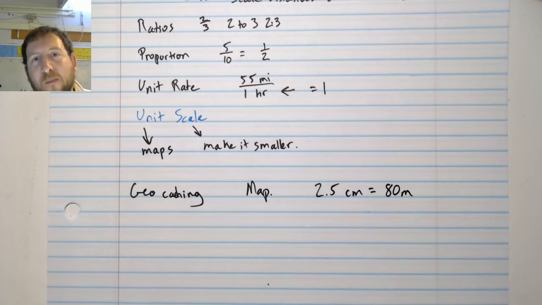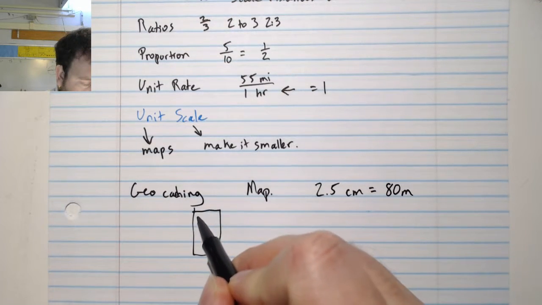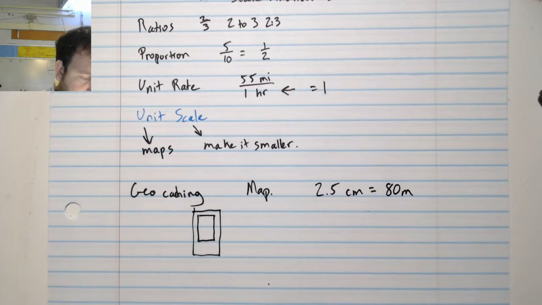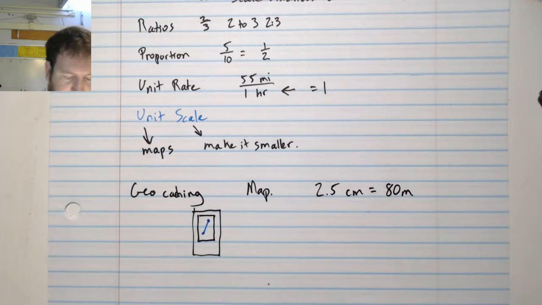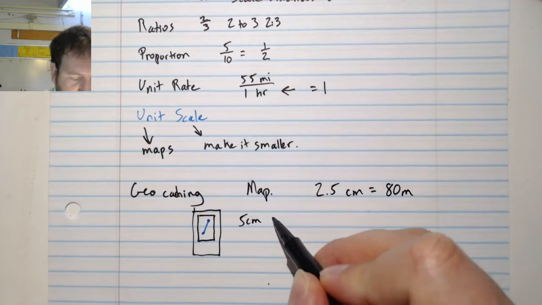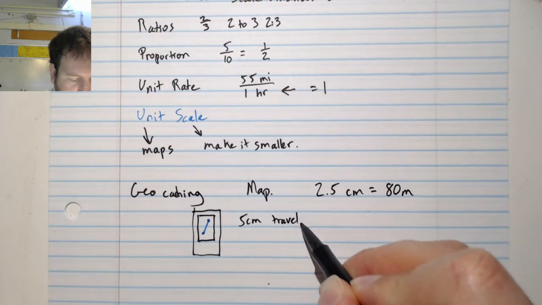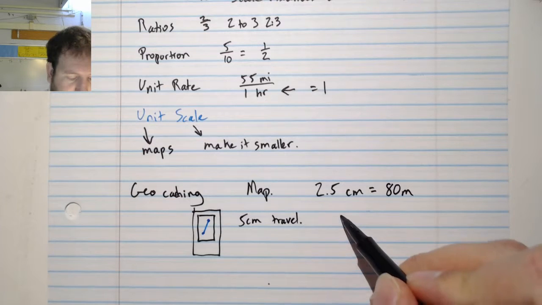And on their map, they're reading on their little GPS, it says that they have to go from here to here, and the distance is 5 centimeters. So the question is, what's the distance that they have to walk?